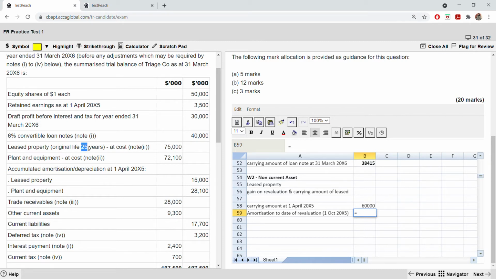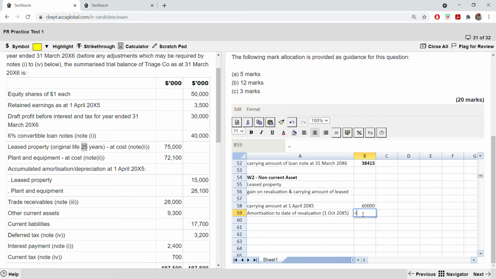Then you are multiplying it by 6 months only. Why 6 months? Because April, May, June, July, August, September, that is 6 months, from 1st of April 2005 to 30th September 2005. It's just 6 months.